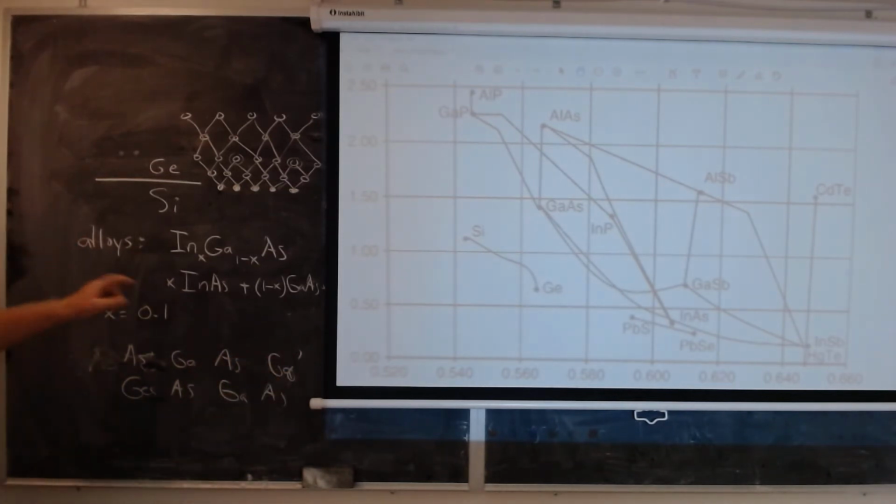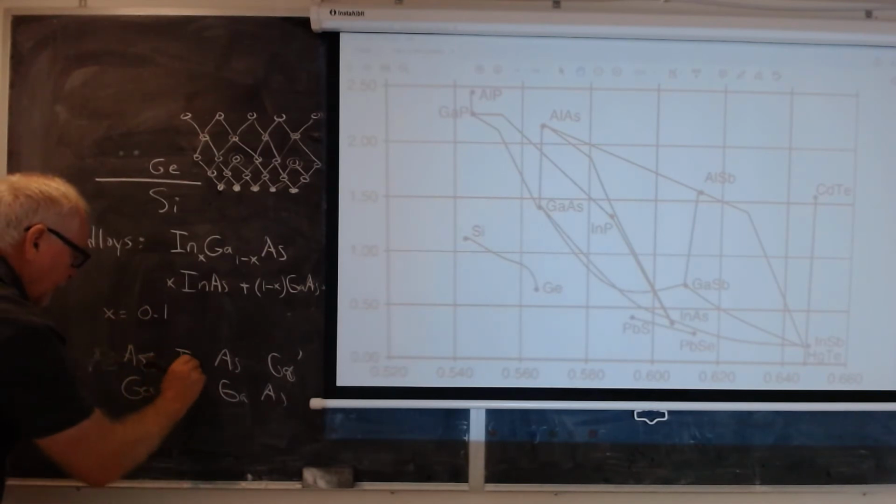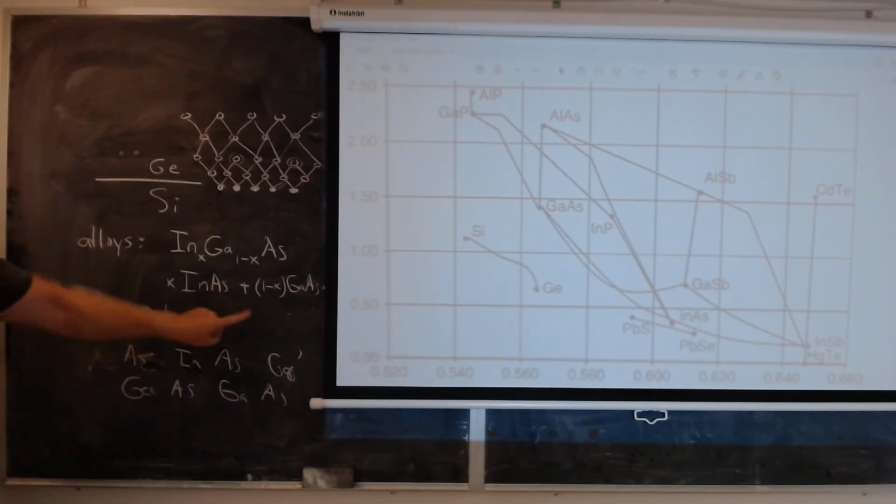And then every once in a while, one of those gallium atoms is replaced with indium, 10% of the time. So when a crystalline alloy is a single crystal, there's a percentage of one type of atom that's replaced with the other part of the alloy.